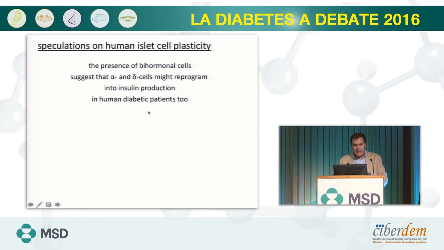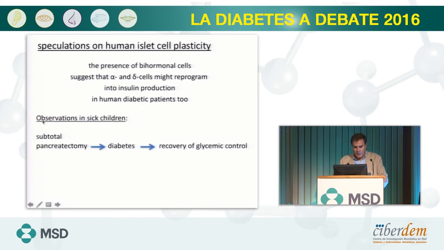And this makes us think that perhaps there is also this kind of plasticity in the human pancreas. There is also a set of interesting observations in children with pancreatic tumors or insulinomas that have to undergo subtotal pancreatectomy. They become diabetic because of this pancreas removal. And in many medical reports, it's clear that most of these children become insulin independent with time, suggesting that indeed there is regeneration.